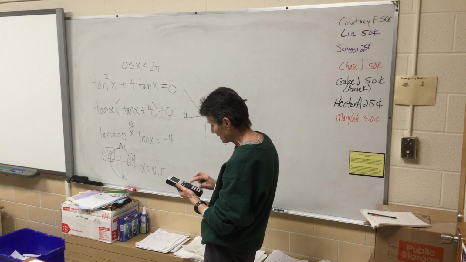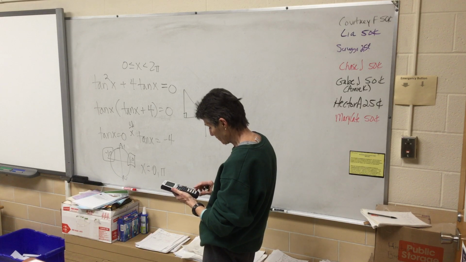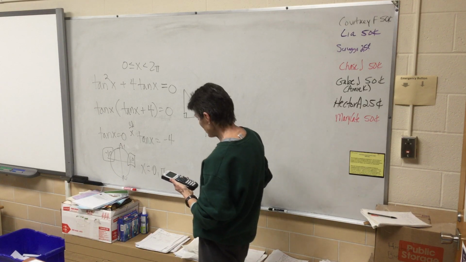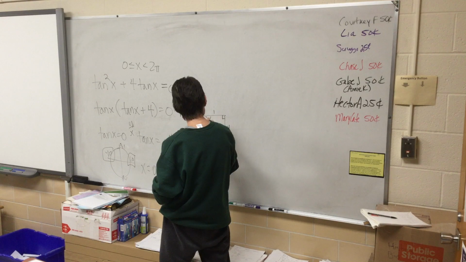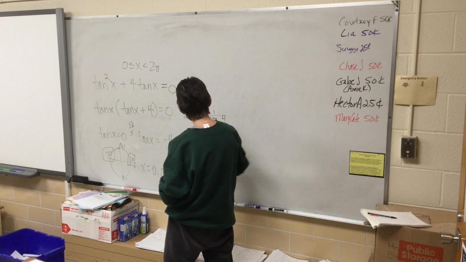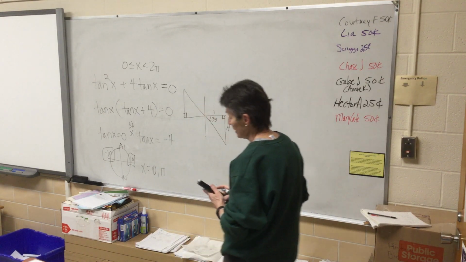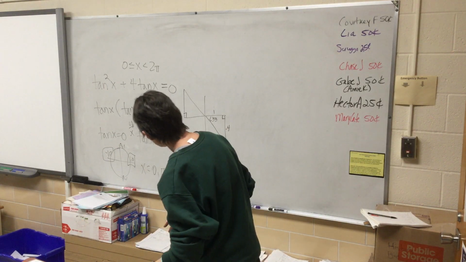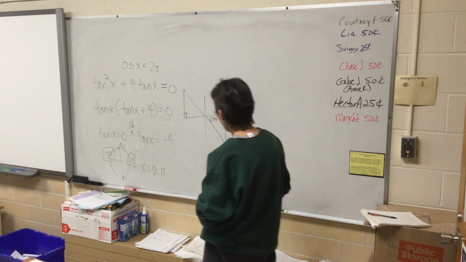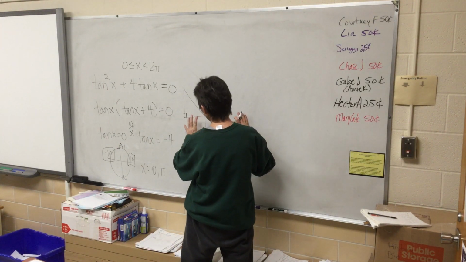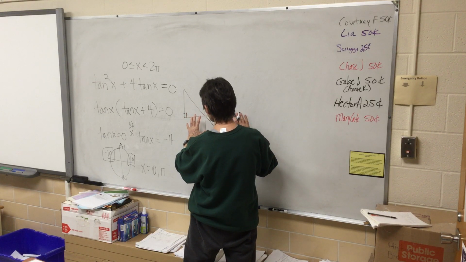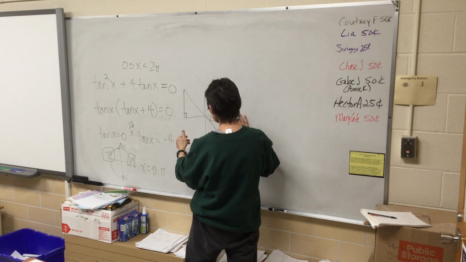So I'm going to press second tangent 4. Now, personally, I don't put the negative in because sometimes that messes me up, particularly in a cosine problem. I've already identified where the tangent's negative, so I don't need the negative anymore.